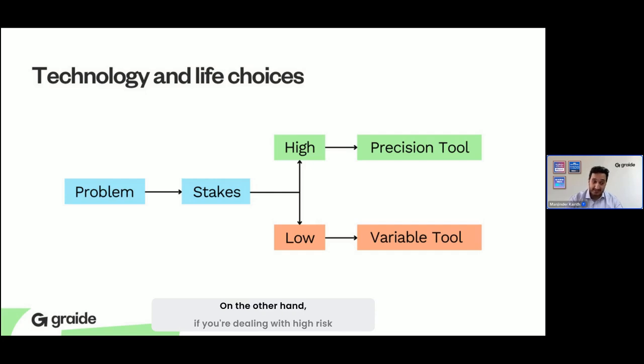On the other hand, if you're dealing with high-risk situations, say medical diagnosis, driving a car, or the grades that you give to particular students, decisions which can have a significant positive or negative impact if they go wrong, you really want to be careful when you're deciding what tools you want to use.